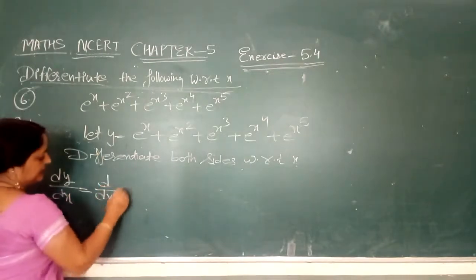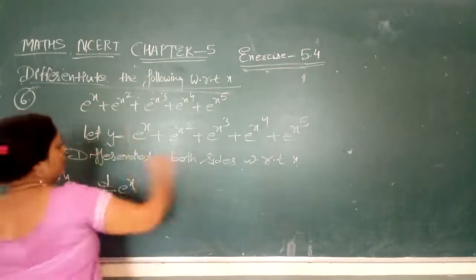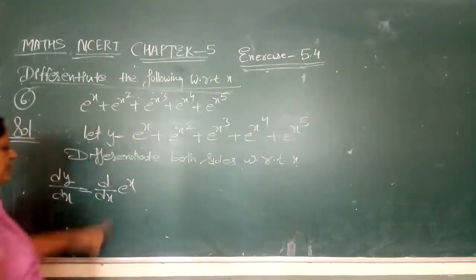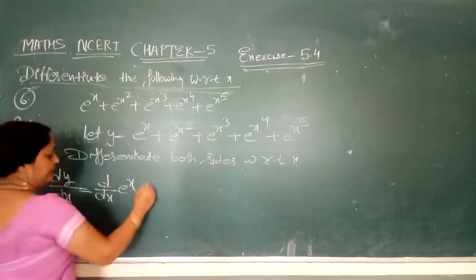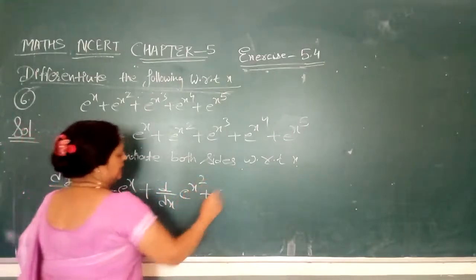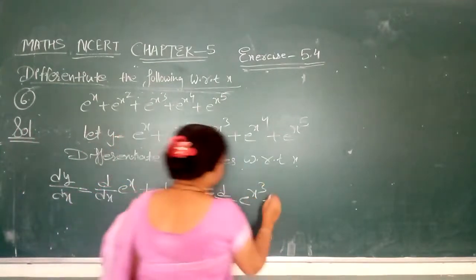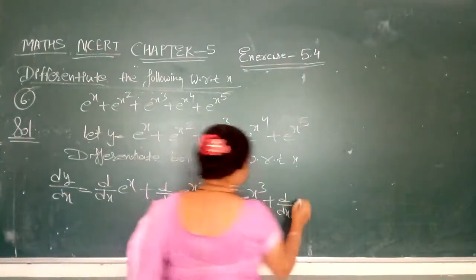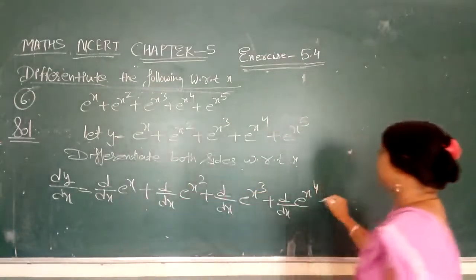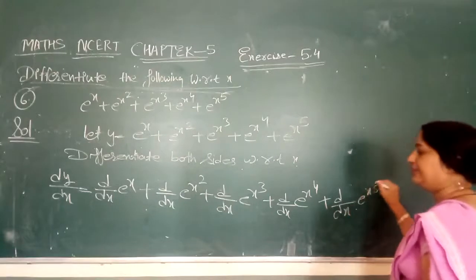I am separating the terms: derivative of e^x plus derivative of e^(x²) plus derivative of e^(x³) plus derivative of e^(x⁴) plus derivative of e^(x⁵).